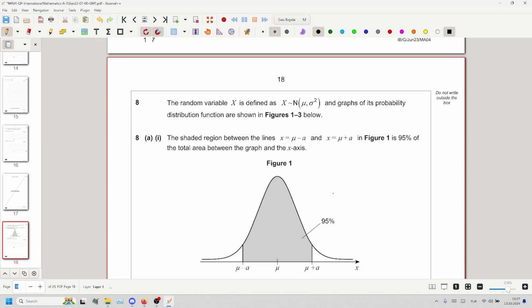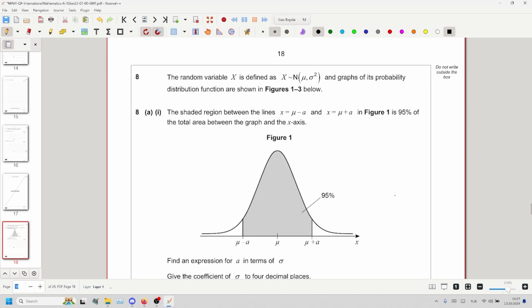Okay, so let's now continue with this question. Here it gives us a general normal distribution with any given mean and standard deviation, like this, and it asks us to find the value of A, if this region symmetric about the mean has a probability of 95%.